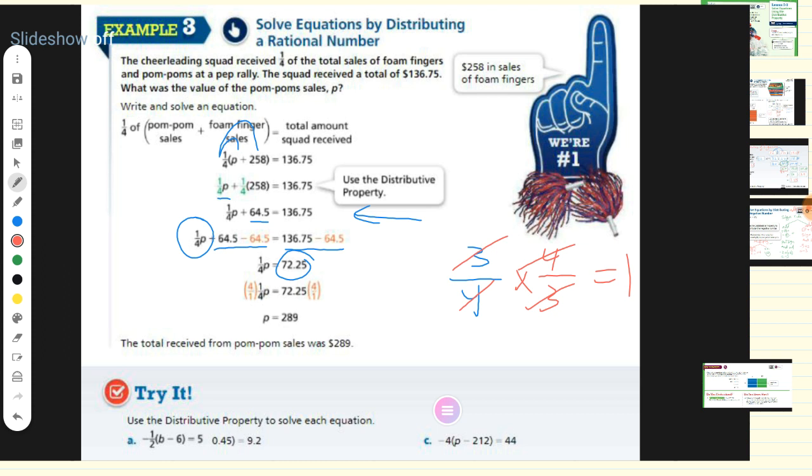So if you want any fraction to become 1, multiply by its reciprocal. Reciprocal means to flip the fraction. So I will multiply both sides, instead of 1 over 4, by 4 over 1. 4 with 4 equal 1, so it's 1b, so it's b on the left-hand side, and on the right-hand side, 72.25 multiply 4 equals 289. This is how to use the fraction.